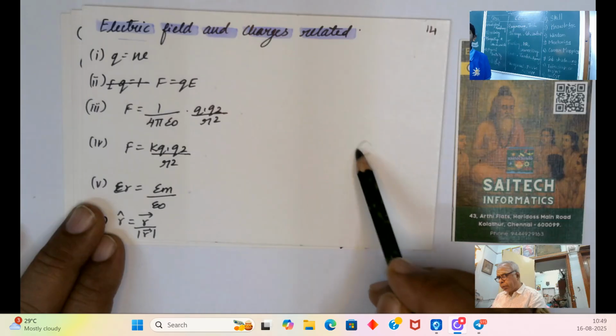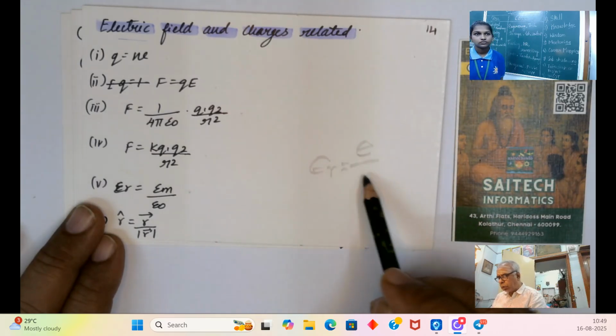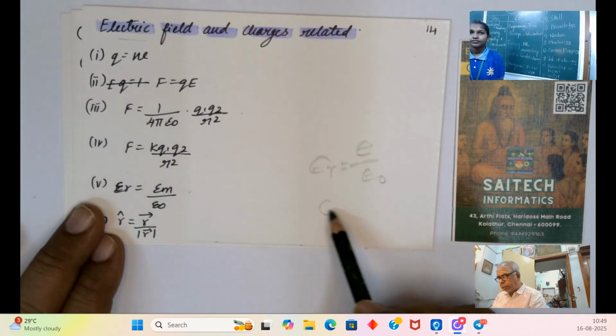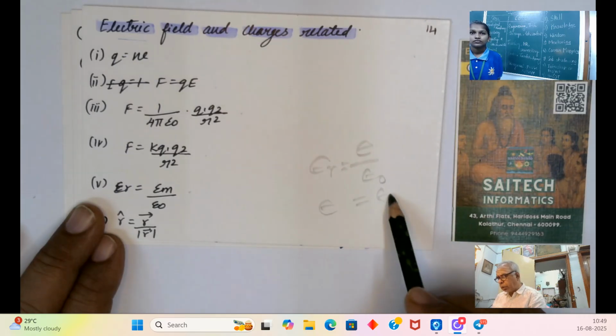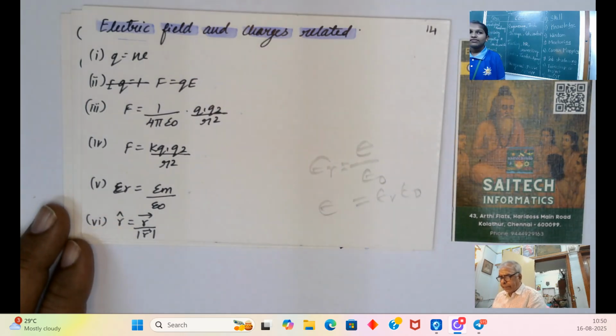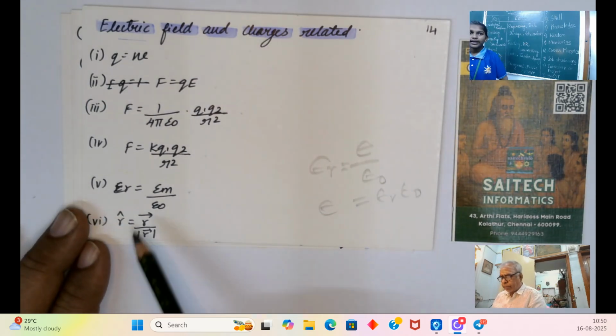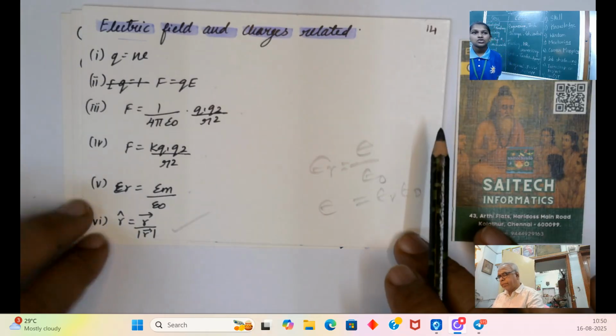So epsilon r is equal to epsilon divided by epsilon naught, and that is why epsilon, the permittivity of a certain medium, is equal to epsilon r into epsilon naught. And then we have represented the formula for r cap, the unit vector, which is equal to the r vector divided by the modulus of its own vector.